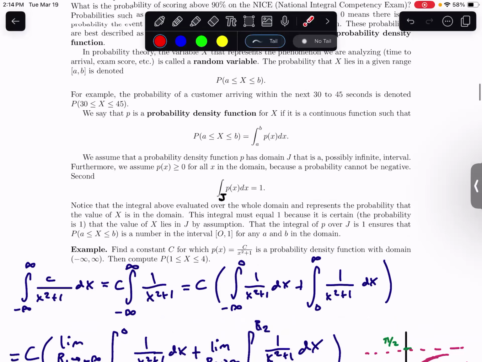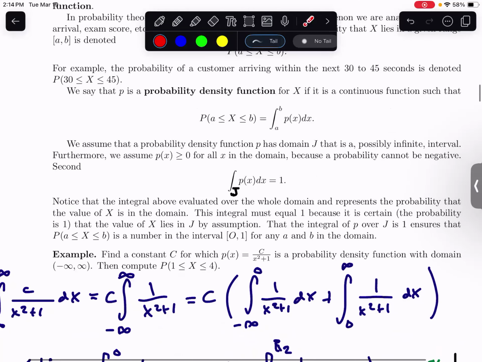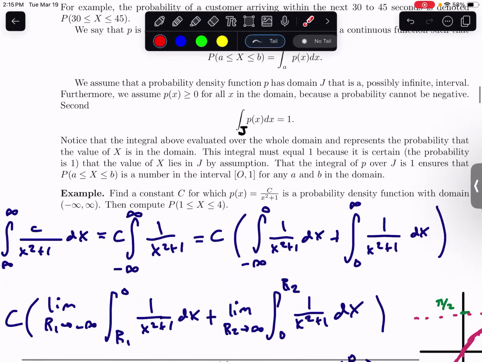And then there are some additional properties, mainly that if you take the integral of p of x over the entire domain, denoted by J, it has to be equal to 1. So something has to happen. If you look over the entire domain, it represents the possibility of anything occurring. So 1 represents that something has to end up happening, because it is certain that the value of x lies somewhere inside of this domain J.